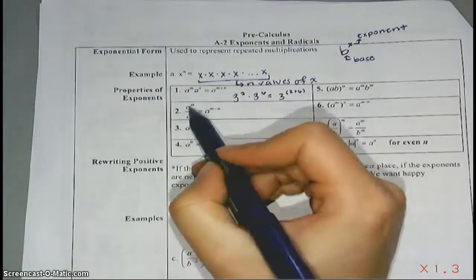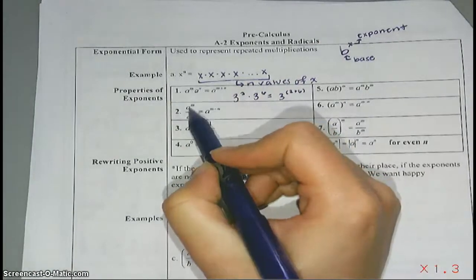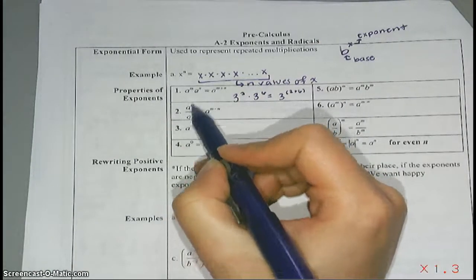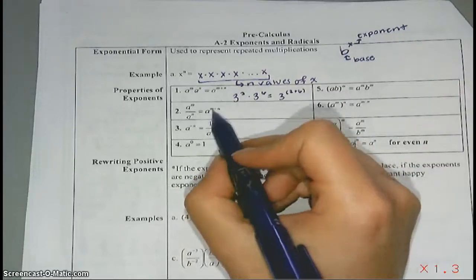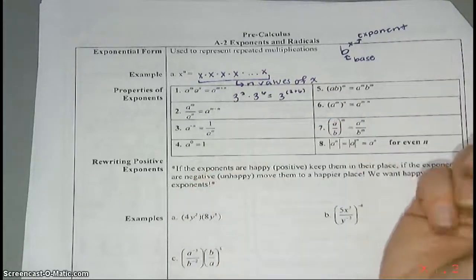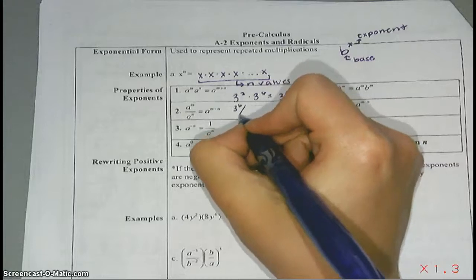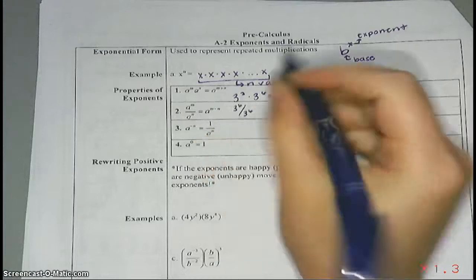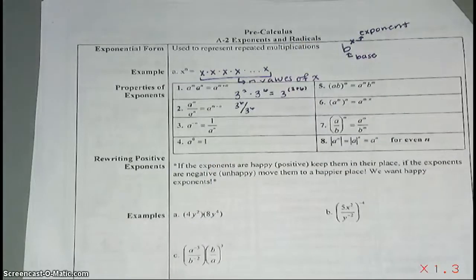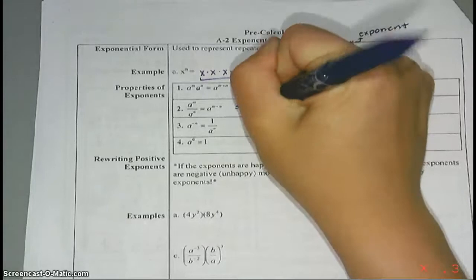If you divide two numbers that have the same base but different exponents, you can simplify that by subtracting the exponential values. For example, 3 to the 6th over 3 squared is going to be 3 to the 4th, because 6 minus 2 is 4.